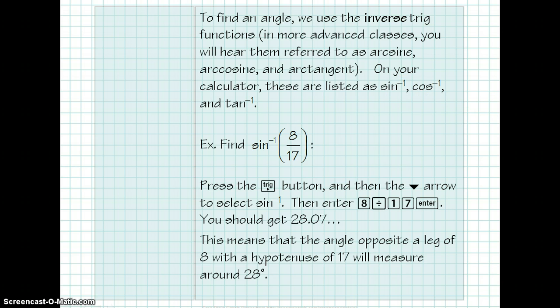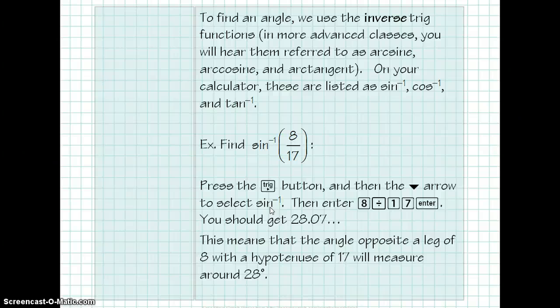Okay. So let's say I want to find sine -1 of 8 divided by 17. What this means is I want to find the angle whose sine is 8 divided by 17. So in my calculator, again, these are directions for using the Inspire. Your phone calculator will vary wildly.